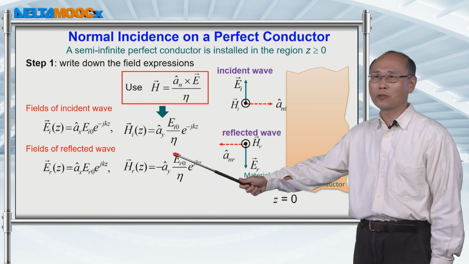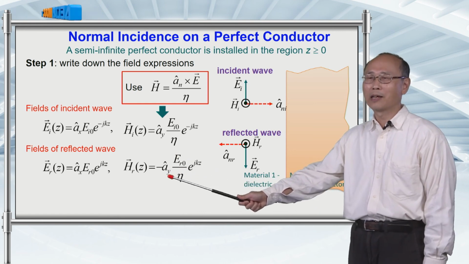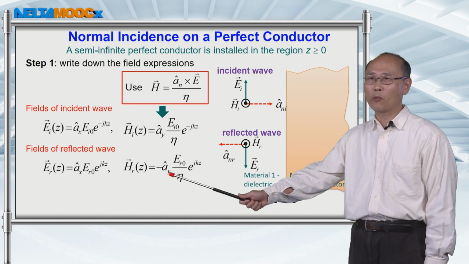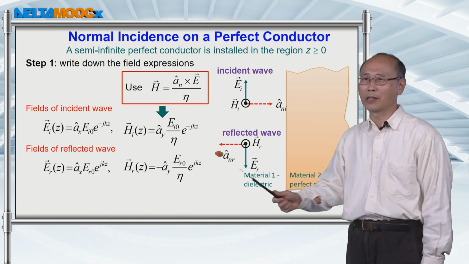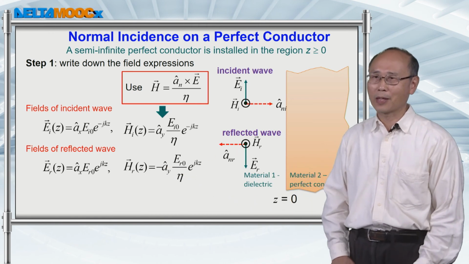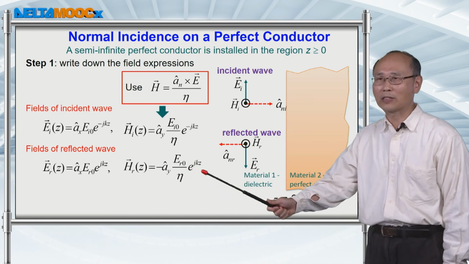And you see that when we do this calculation, the magnetic field flips sign in the y direction when we calculate the field component for the reflected wave, because the propagation direction of the reflected wave is along the minus z direction.